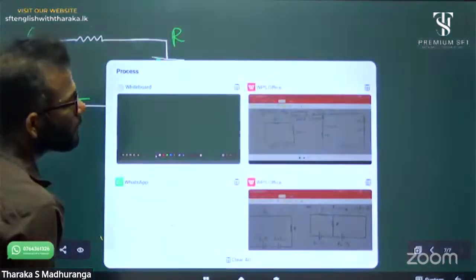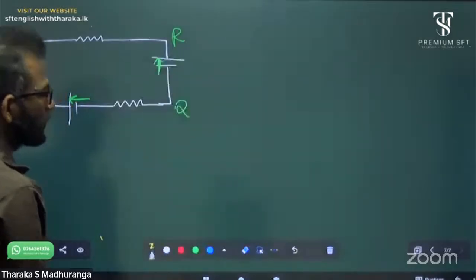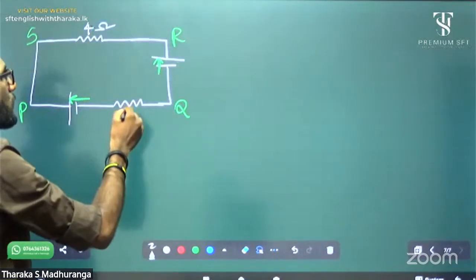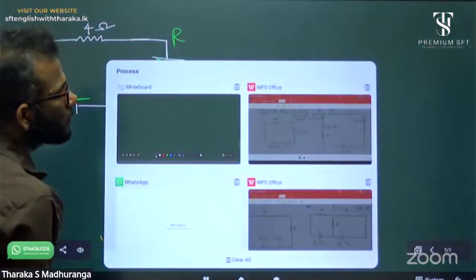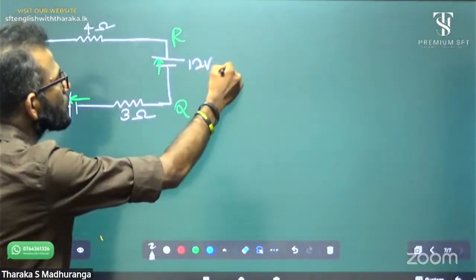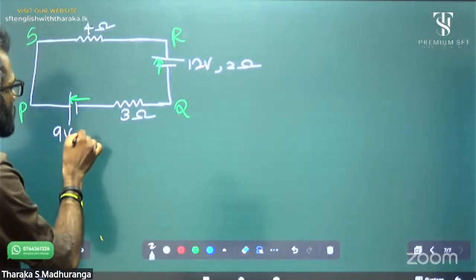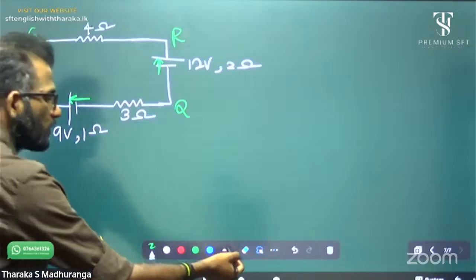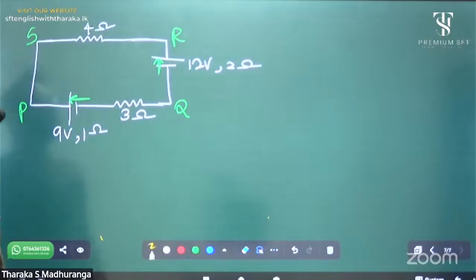Sorry, make a value first: 4 ohms, 3 ohms, 12 volt, 9 volt, 1 ohm. Okay, that's all. Next step, current direction.